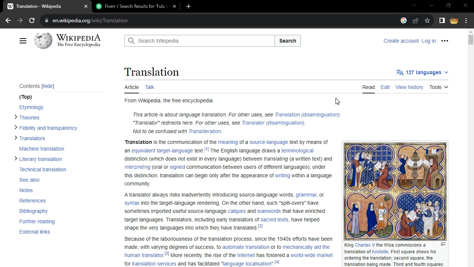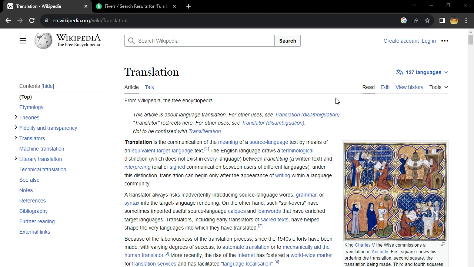On the other hand, such spillovers have sometimes imported useful source language calques and loanwords that have enriched target languages. Translators, including early translators of sacred texts, have helped shape the very languages into which they have translated.